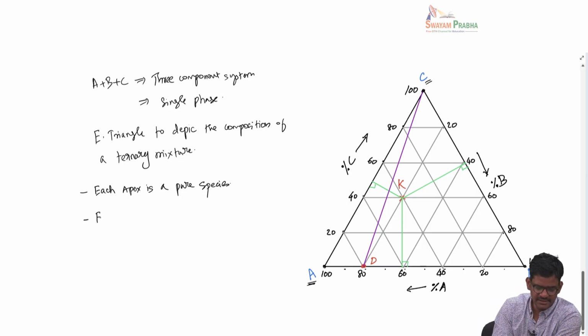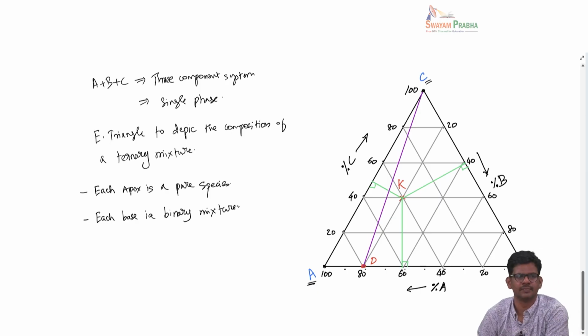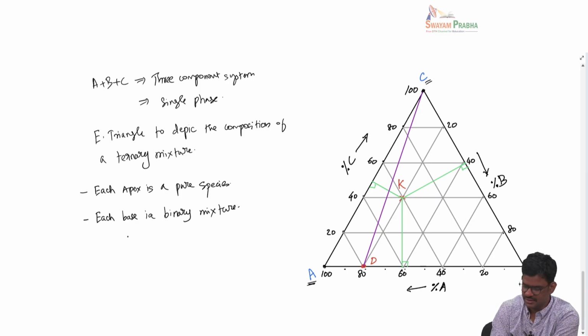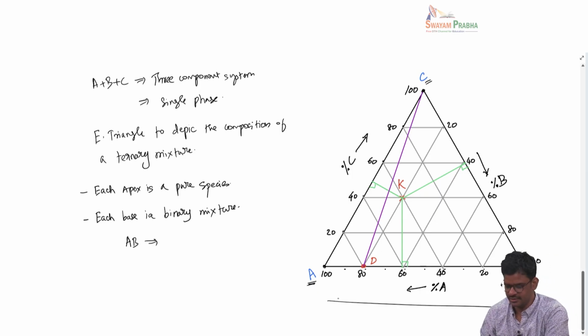Now each base is a binary mixture. Okay, suppose I take the line base AB here. Any point along the base AB is a binary mixture of A plus B. There is no C present at all. It's a binary mixture of component A and component B only.